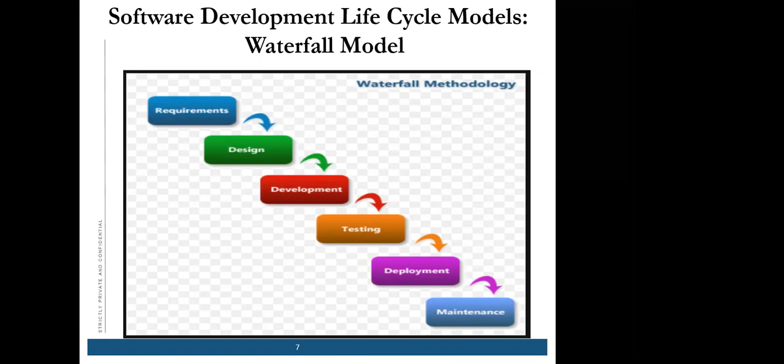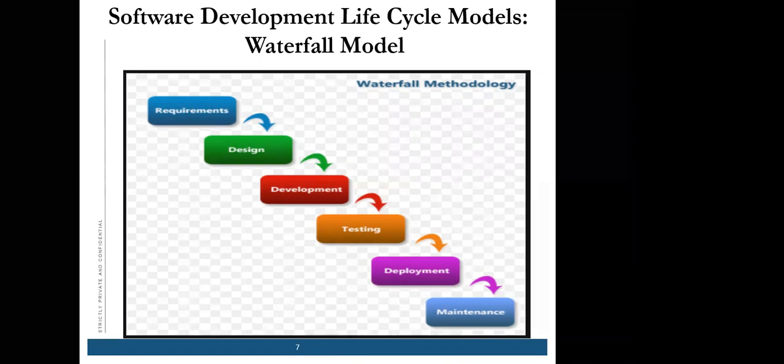So that is the limitation in waterfall model. So this is one of the traditional models that has been followed over the years. So these six phases are very important in waterfall model. There are different waterfall models that are available too in the industry that Chavi will explain.